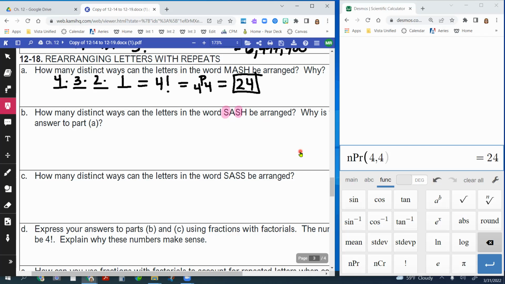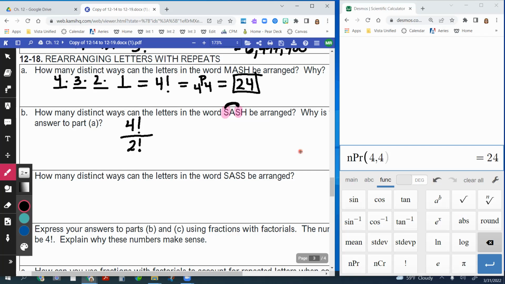So what the formula is going to be is the following. You're going to take the total number factorial, which is all 4 of them, and then we're going to divide out the repeats, the ways I can arrange these 2 items.